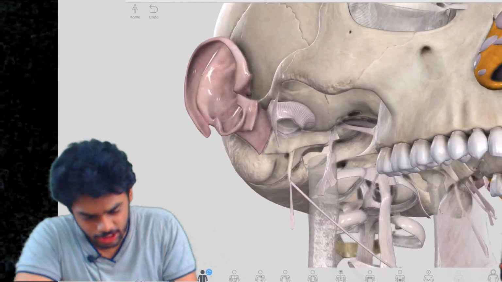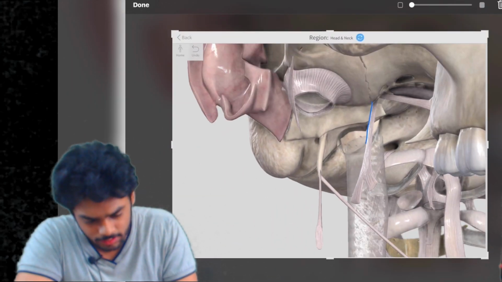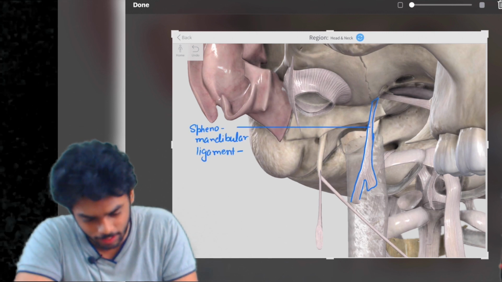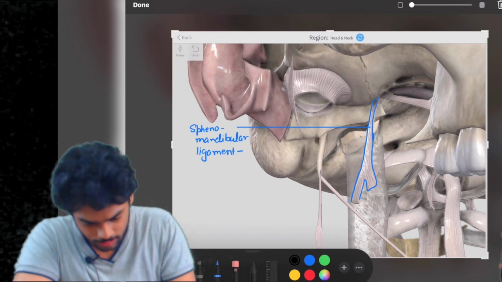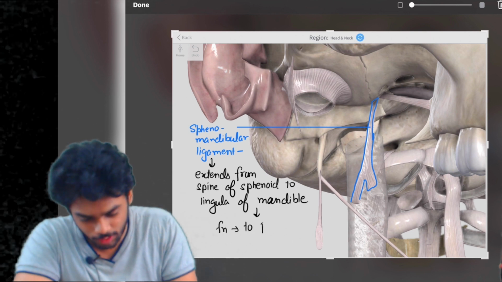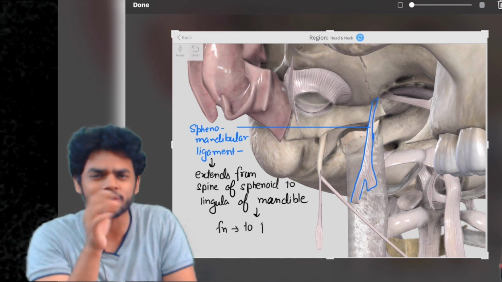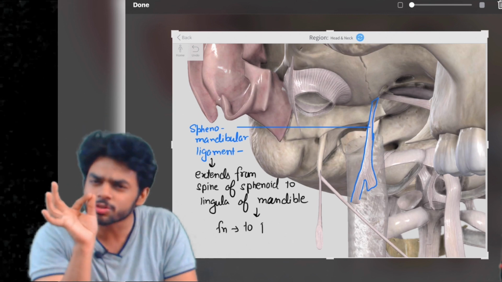First, we will see the sphenomandibular ligament. Can you see it? The mandible is not present here, so I will just show you the ligament, which is attached to the spine of sphenoid and extends to the lingula of mandible. A small projection is present on the medial side of the ramus of mandible, which is known as lingula.